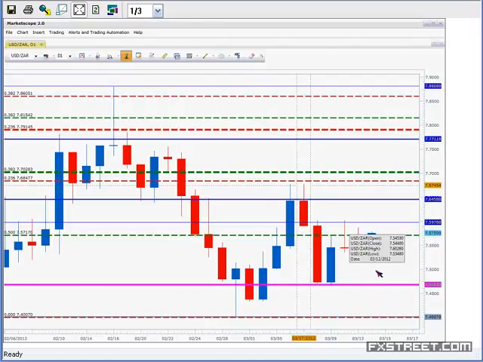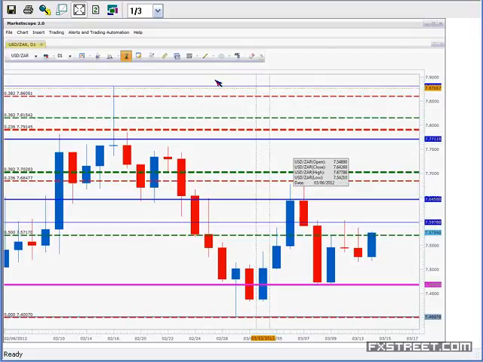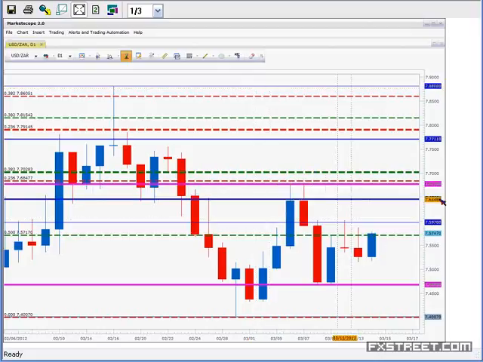And right there is a high, 67.75. So these two levels I couldn't pick up very well from the monthly chart.